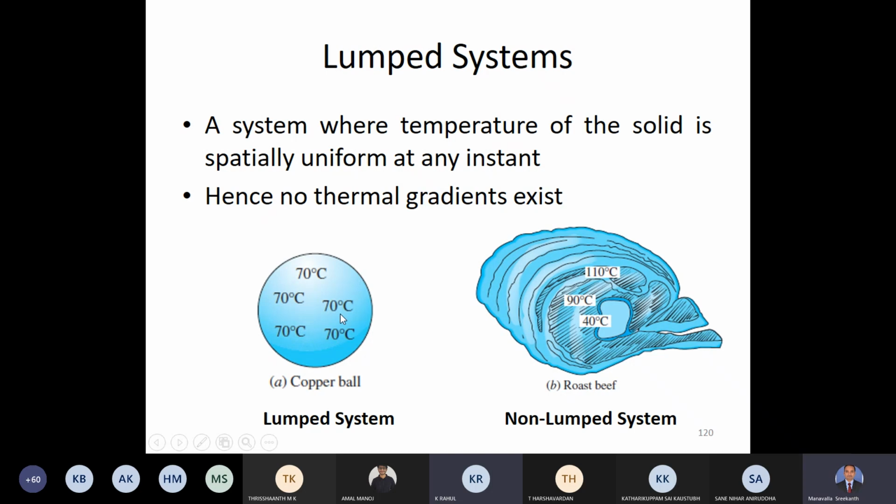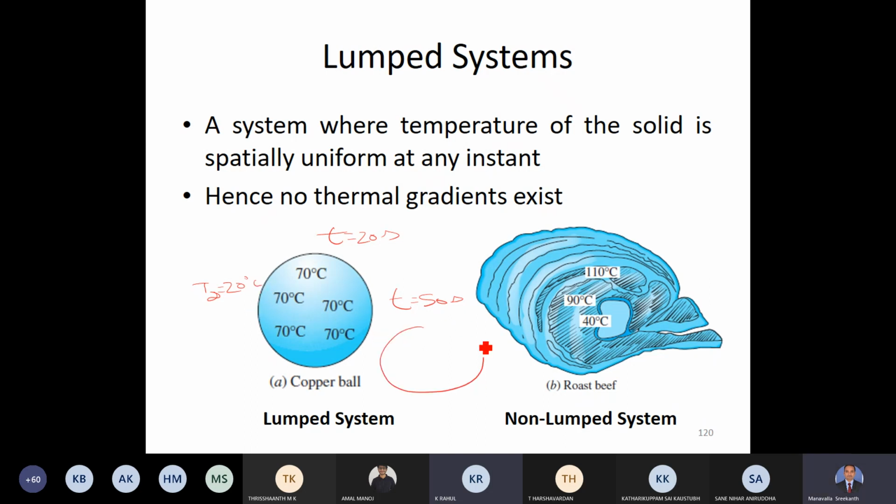Now let us assume that this is at t equal to 20 seconds. At t equal to 20 seconds, this is the situation. Now at t equal to 50 seconds, let us say this is inside an ambient temperature of 20 degrees Celsius. After some time this will cool down.